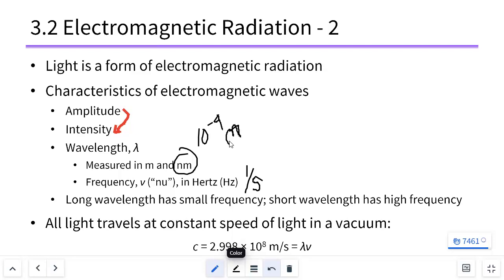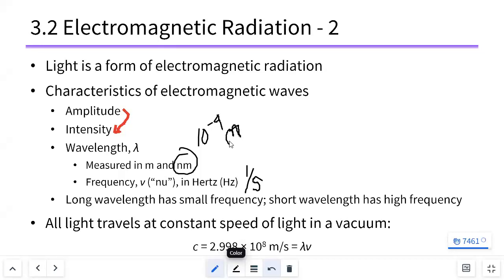The inverse relationship of wavelength and frequency is notable here. Because all light is traveling at the exact same speed, we're going to have a definitive relationship between wavelength and frequency. The longer the wavelength is, the smaller the frequency is going to be.